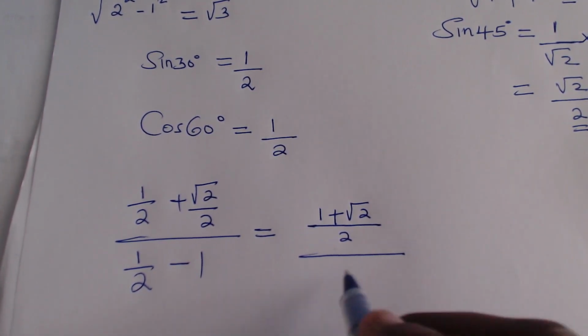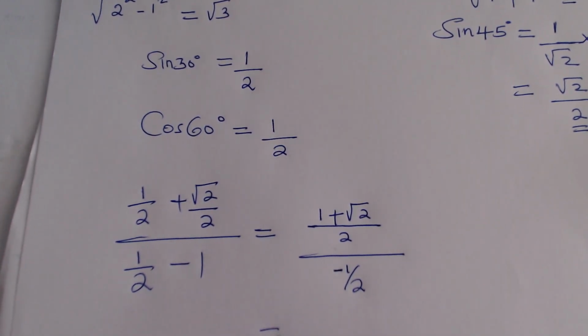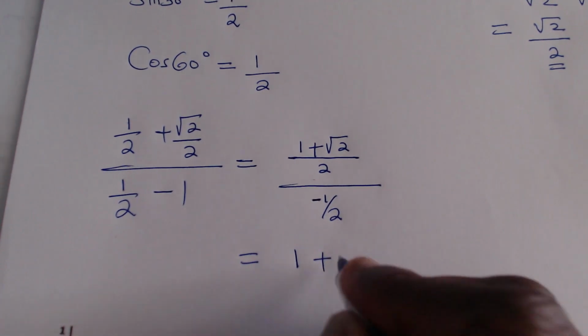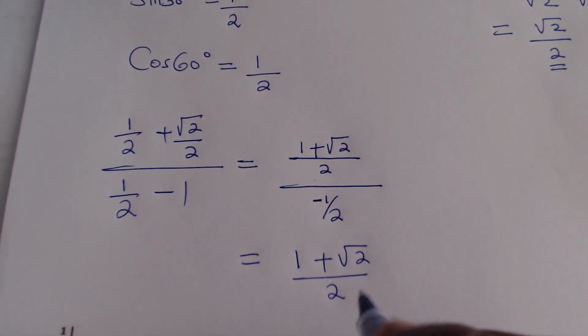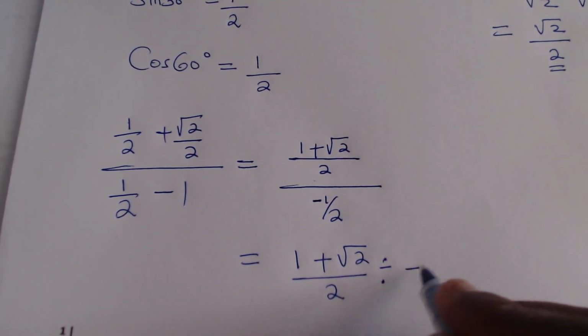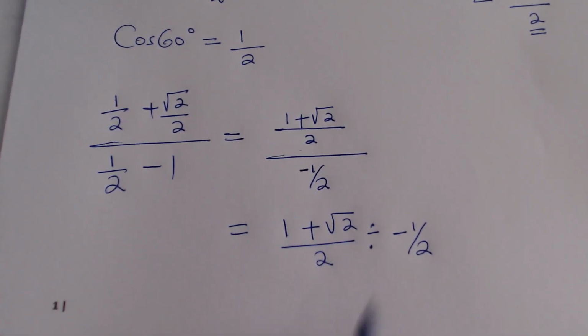This will be negative a half. And this one will give 1 plus root of 2 divided by 2. This is the same as dividing this one by negative half.